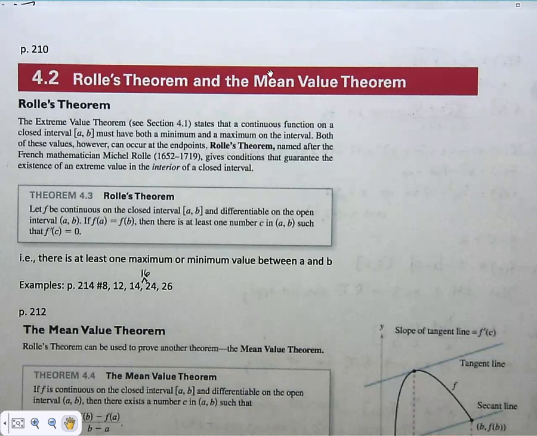The mean value theorem is used to prove the fundamental theorem of calculus, which we haven't even talked about yet. So we don't need to spend more than a day on this section. It's not particularly difficult, but you just need to understand that they are fundamental theorems that are used to prove other theorems in calculus. So what do they say?